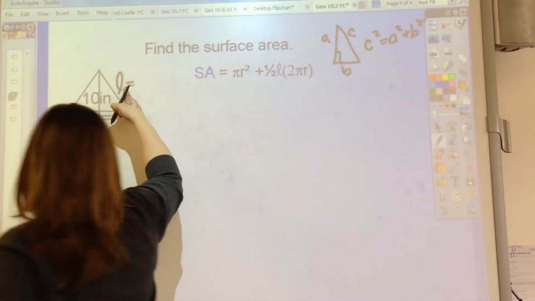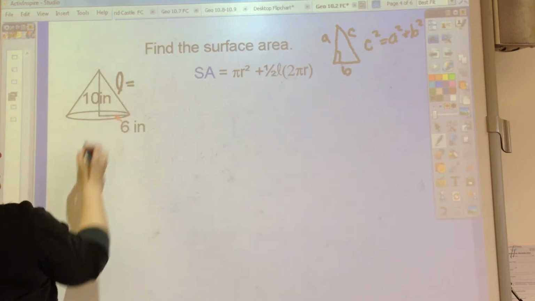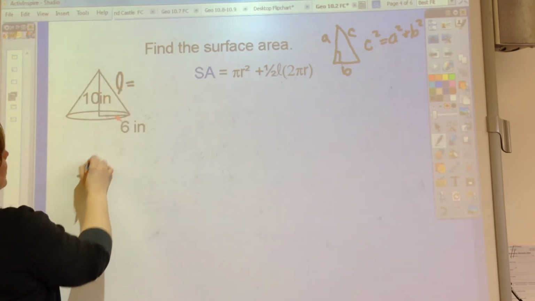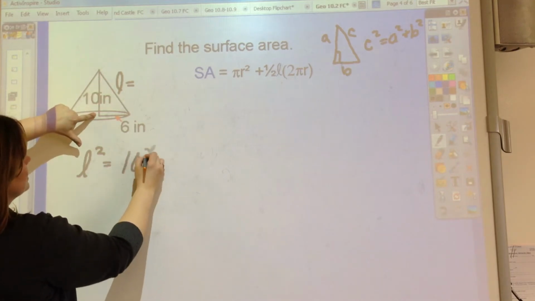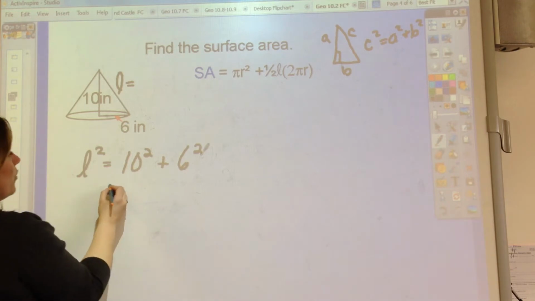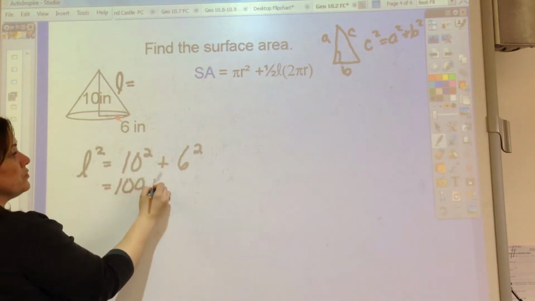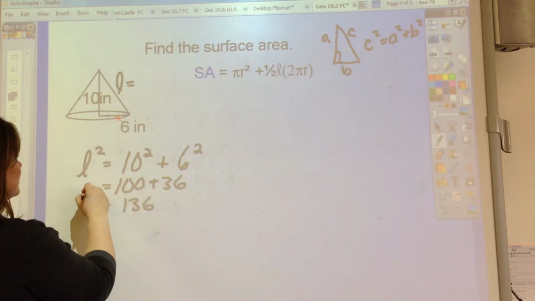So in this case, my slant height is my hypotenuse, and so I'll get slant height squared equals a squared, which in this case is 10, plus b squared, which in this case is 6. When I add those together, I get 100 plus 36, which is 136.